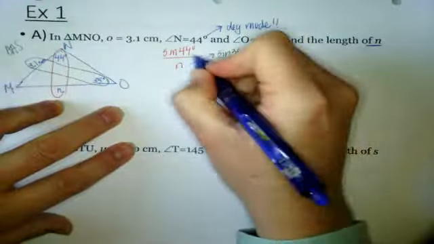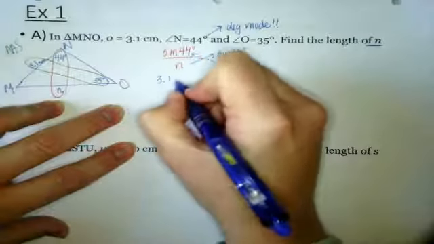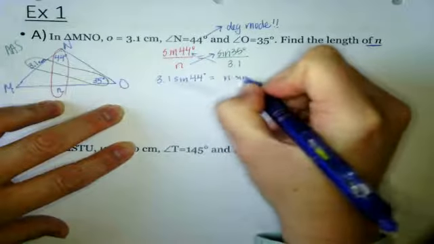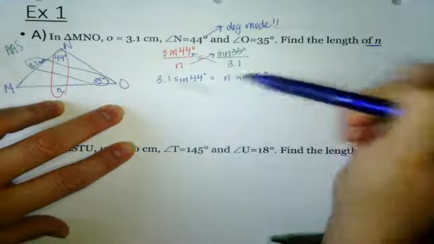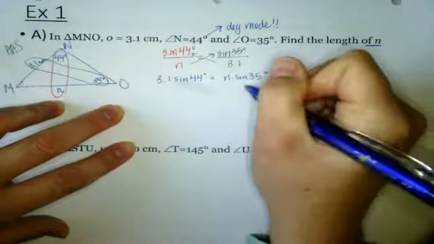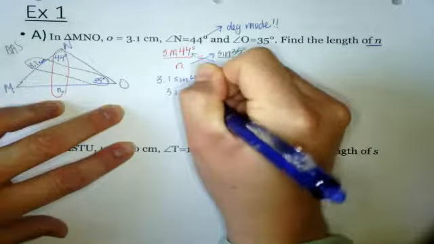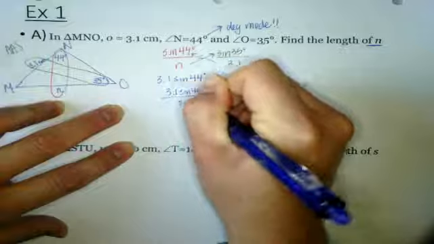Solving is easy. It's just cross multiply. You'll get really good at this. So we have 3.1 times the sine of 44 degrees equals n times the sine of 35 degrees. And how do you get n by itself? You would divide by the sine of 35. So n equals 3.1 times the sine of 44 divided by the sine of 35.